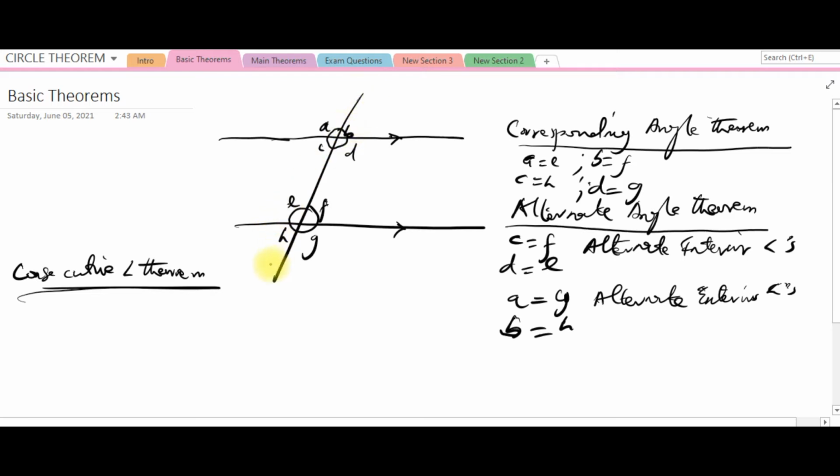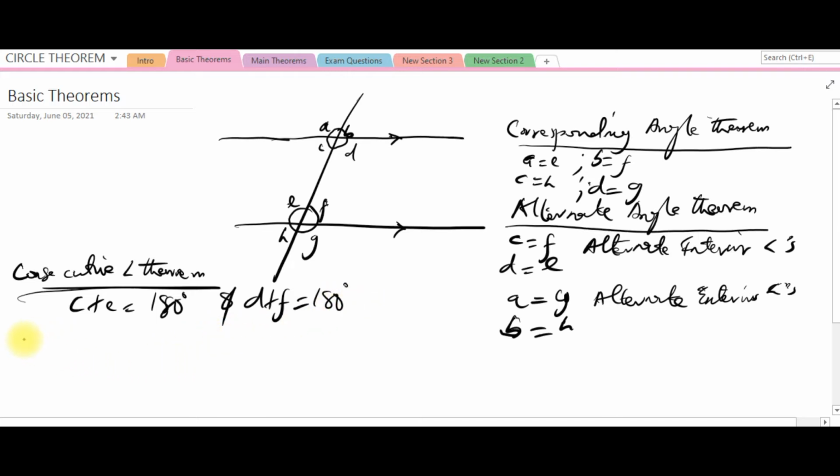This is the transversal. If you see this transversal, C and E lie on the same side. So the sum of the two angles there must be equal to 180. So that's the first one. While the second one is D and F. So D plus F is 180.